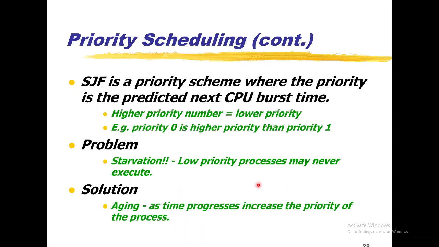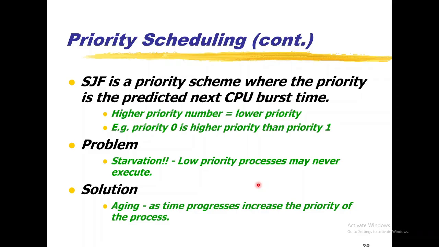We have already seen an example of priority scheduling: shortest job first, which is a priority scheme where the priority is the predicted next CPU burst time. Remember that in shortest job first, the shorter burst time has higher priority. A higher priority number is equal to lower priority. For example, 0 is higher than priority 1.